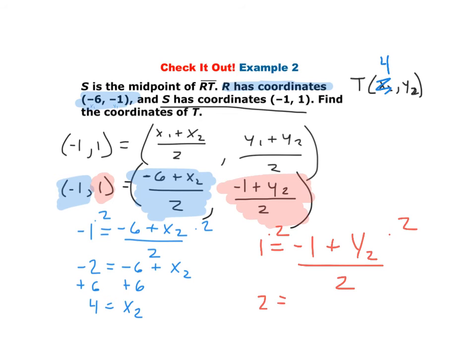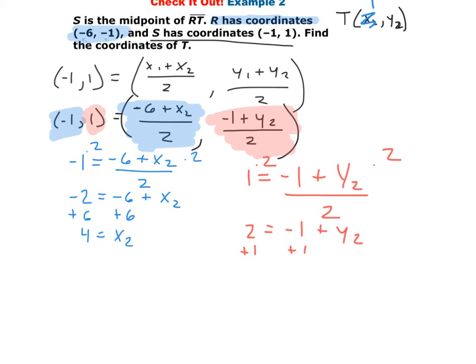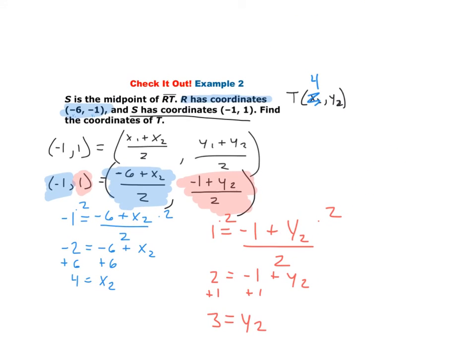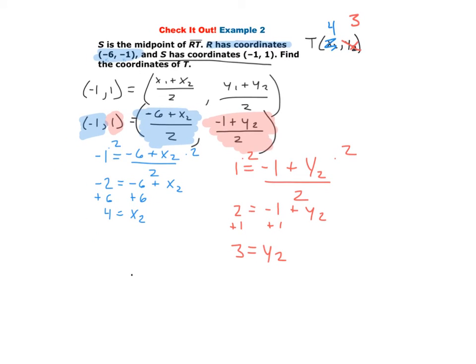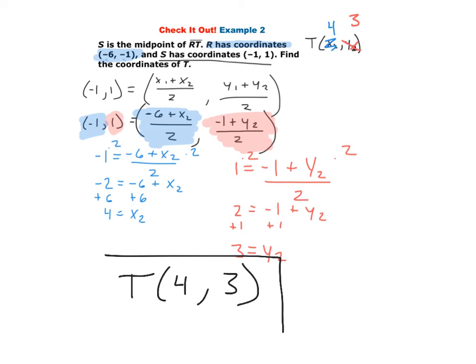So we get 2 is equal to negative 1 plus y2. Add 1 to both sides. 3 is equal to y2. So now we found what this y2 is, and it's 3. So point T is 4, 3. And that's our answer.